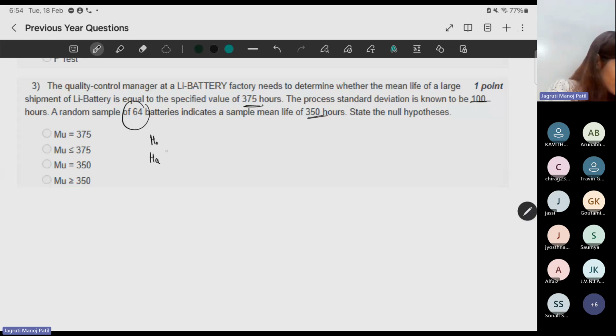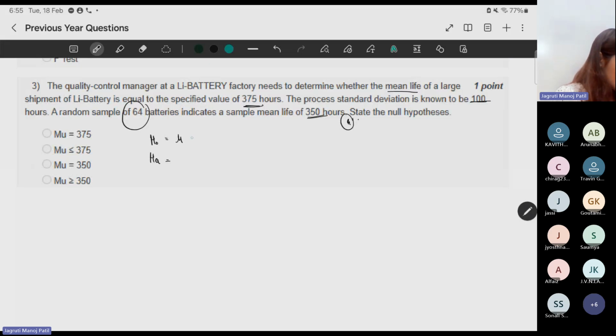So there are two parts to this question. This can be part A, and the next part asks about the mean life. The process report needs to determine whether the mean life is equal to 375 or not. So what would be our hypothesis? It's given over there. Our alternative hypothesis would always be the one that we want directly, but here equality cannot be in the alternative hypothesis, so it would definitely be in the null hypothesis.